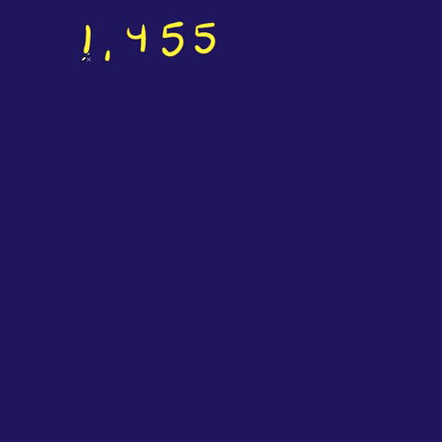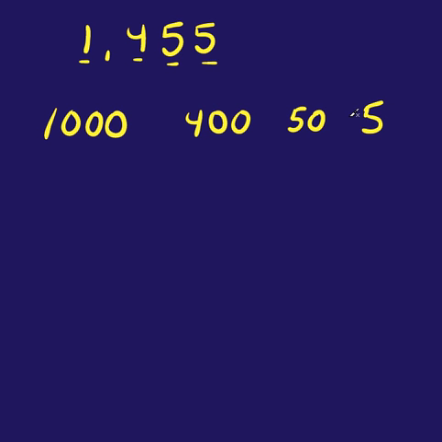Well, what's this? You really have to understand the places. This is 1,400, and just read it, 455, and you've got the expanded form. And then you can just put your addition signs in there. And so that's the number in expanded form.